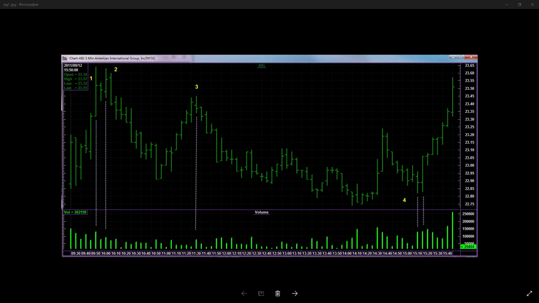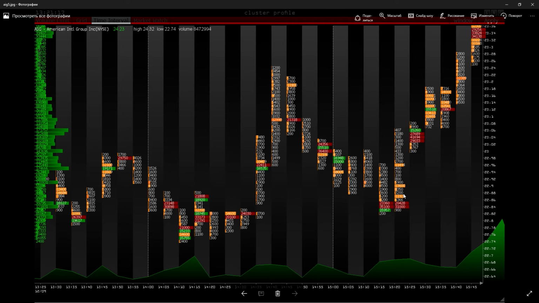But by understanding volume we can see it. Here was protection, here was the signal for us to open a position. Use volume analysis, not VSA, just volume, because volume is more important in the market. Volume shows you how powerful the buyer or seller was. As a result, we see movement up.